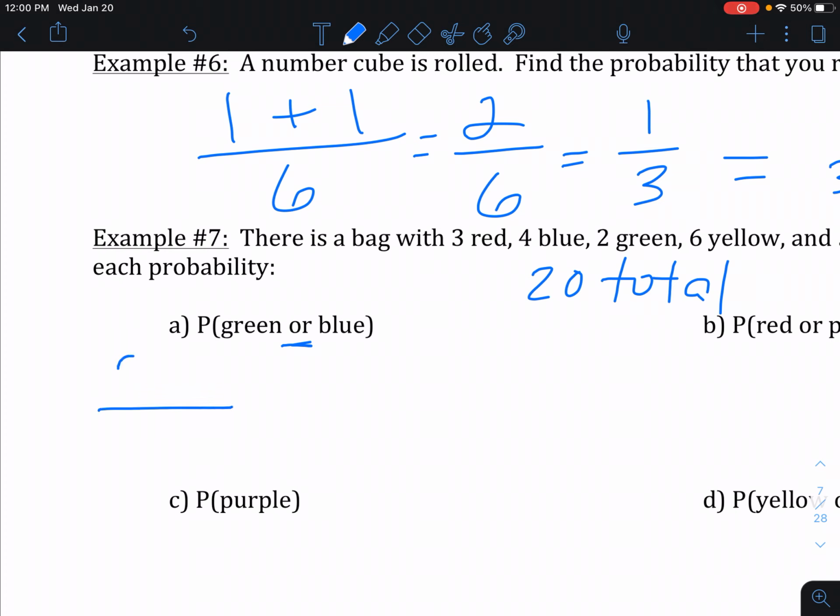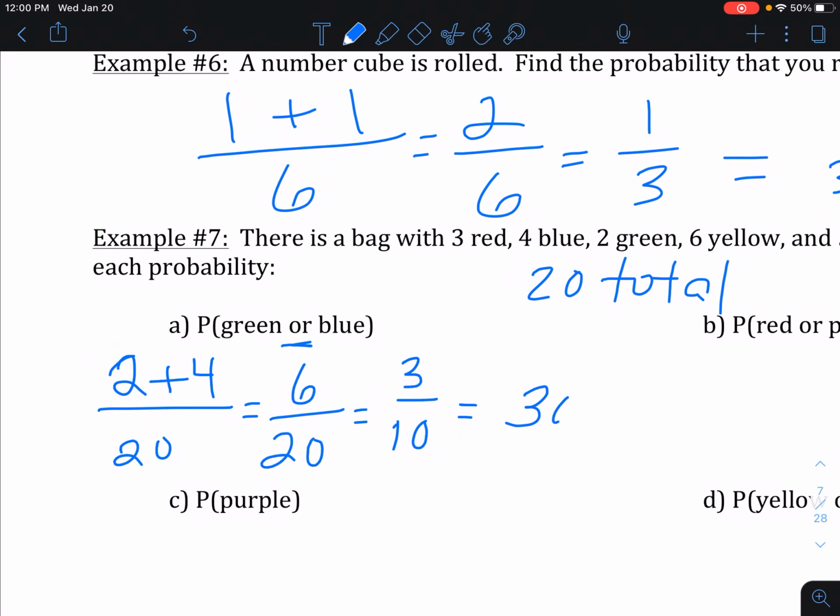So there are 20 total on the bottom, 20 total marbles. So to get a green or a blue, there's 2 green plus 4 blue. That means 6 of what I want out of 20 things total. And that, of course, reduces, divide them by 2, 3/10, and we all know that that is 30%.